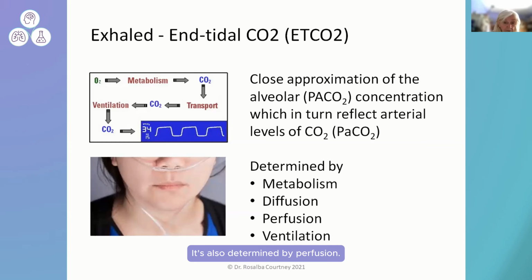It's also determined by perfusion, the blood flow, being able to pick up CO2 in the tissues, carry it to the lungs, and then you need good blood flow at the lungs for the CO2 to be able to cross over and be exhaled, and also about ventilation. So ventilation, as we talked about in the last lecture, is a major important determinant of CO2.